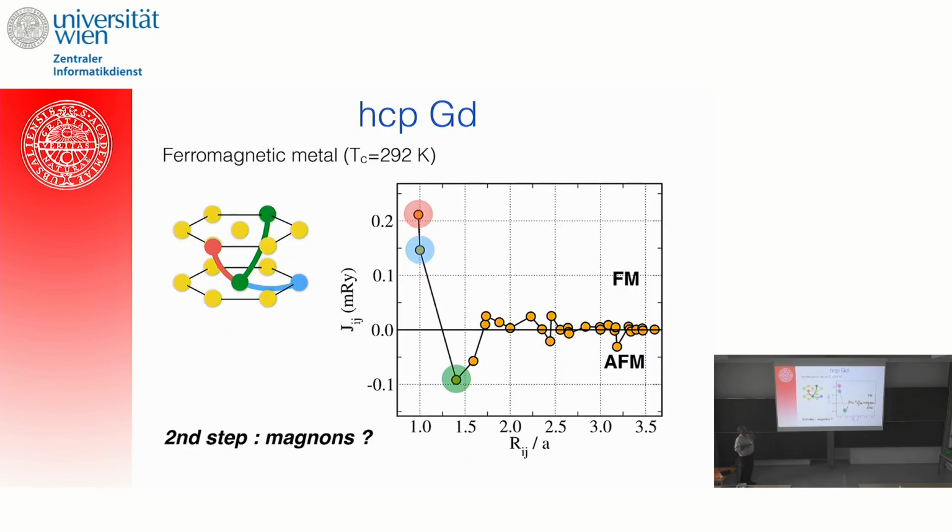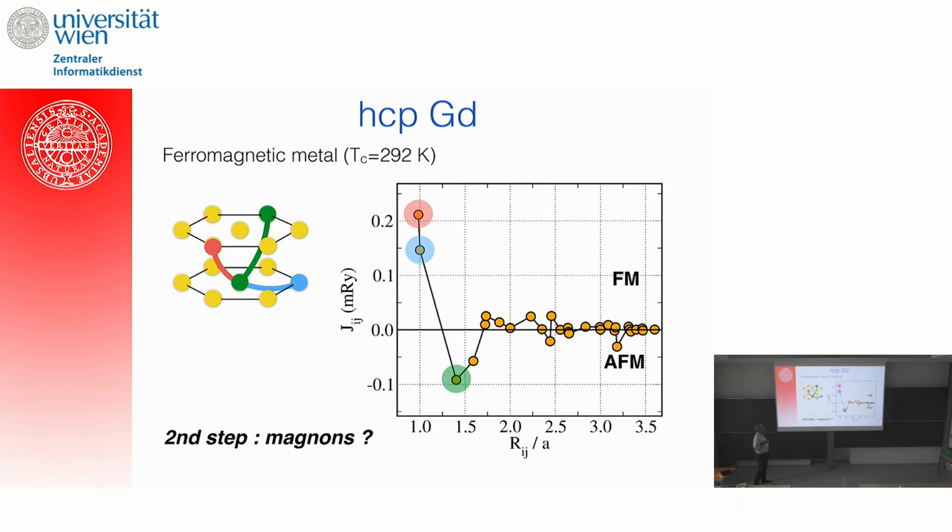If I now take an example like hexagonal close-packed gadolinium, it has an ordering temperature of 292 Kelvin. The exchange interactions that we calculate from the LKAG formula look like this. And again, it's not nearest neighbor interaction only. It always has a little bit of a tail, and again it goes into an RKKY interaction asymptotically.